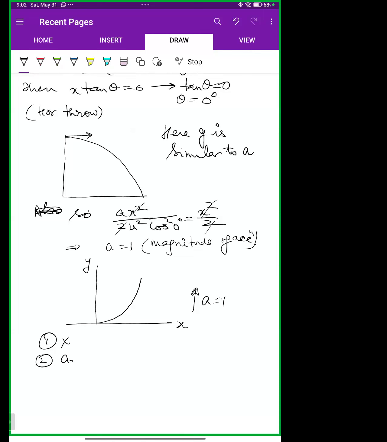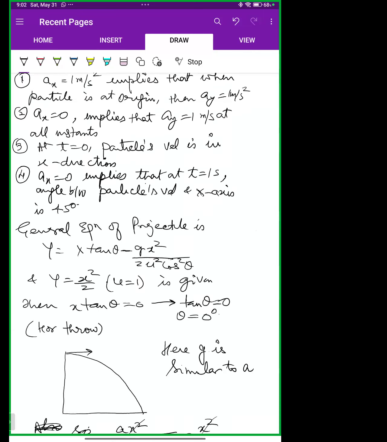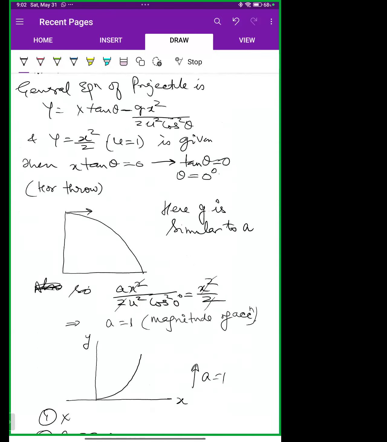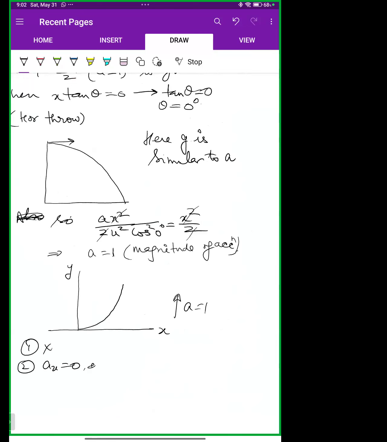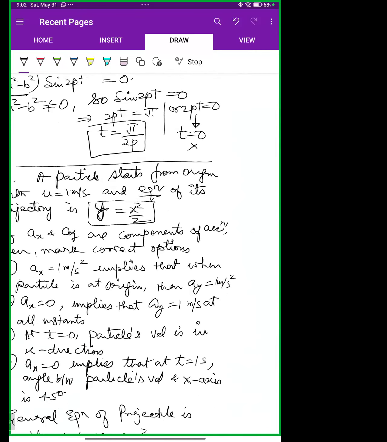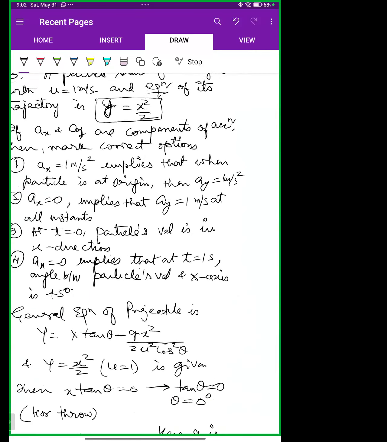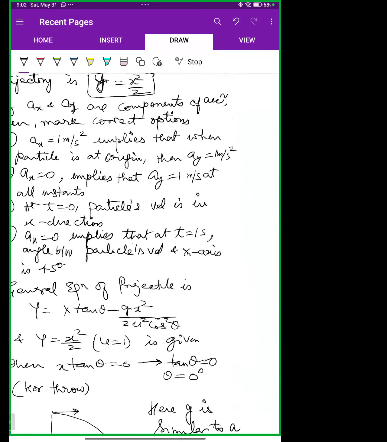Second, ax is equal to 0 implies that ay is equal to 1. So we got ay 1. ax is 0 and ay is equal to 1. You see, a is along y direction. So this is a correct option. Third one: at t equal to 0, particle velocity is in x direction.